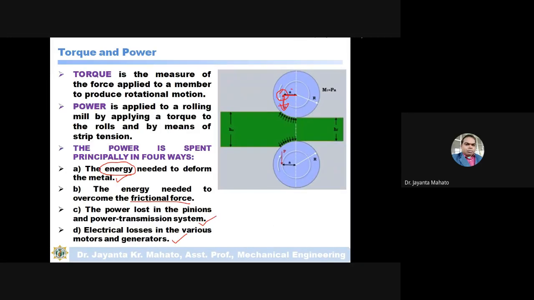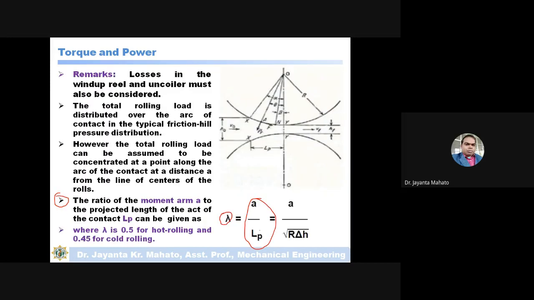Here we consider this is the arc length A, divided by the projected length of this arc, LP. The ratio between A and LP should be 0.5 in case of hot rolling and 0.45 in case of cold rolling. So in cold rolling, the ratio is less.